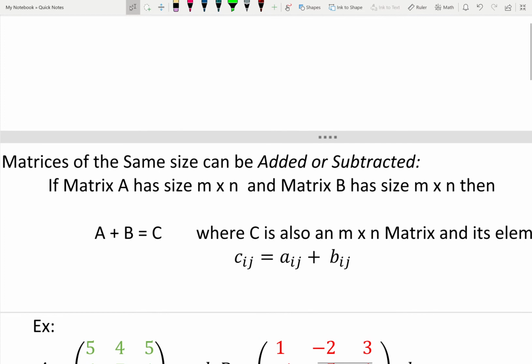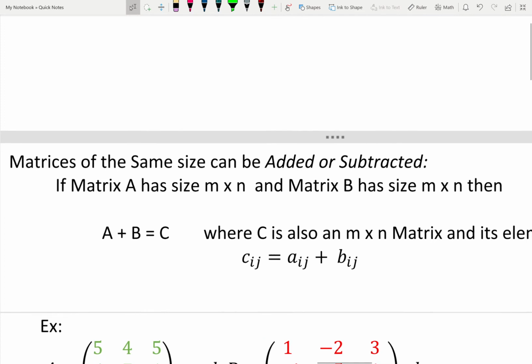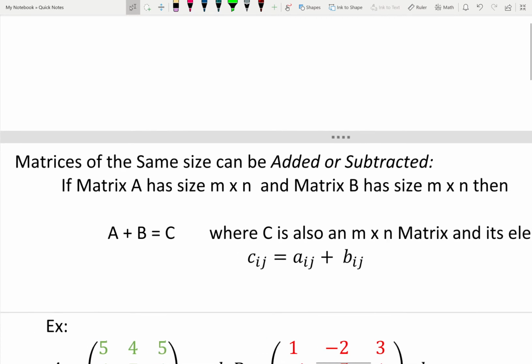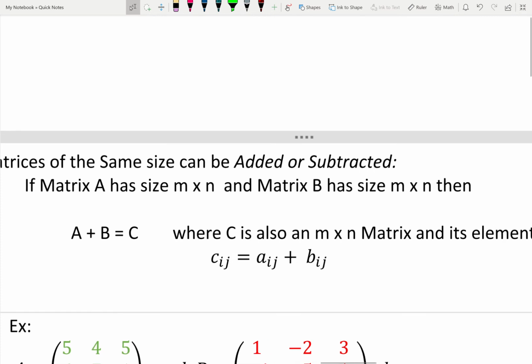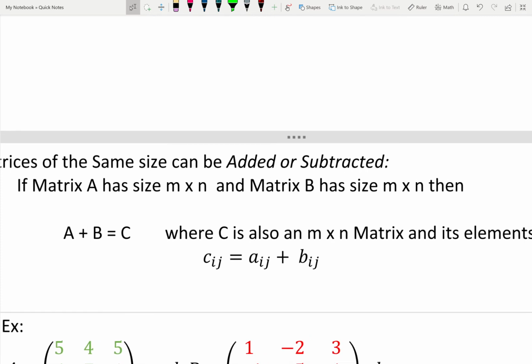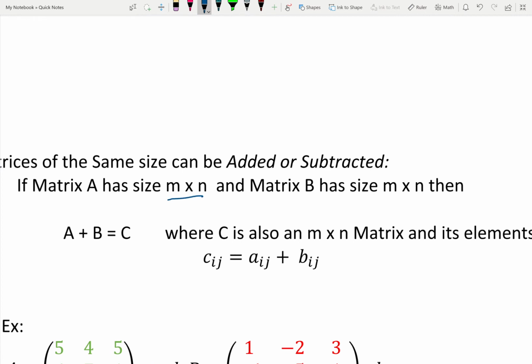All right, so matrices of the same size can be added or subtracted. So if matrix A has size m by n, and matrix B has the same size, m by n, then you can add them together. And when you add them together, what you're going to do is add all the corresponding entries.